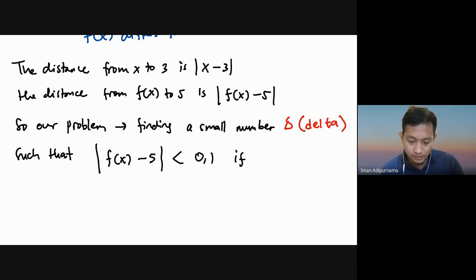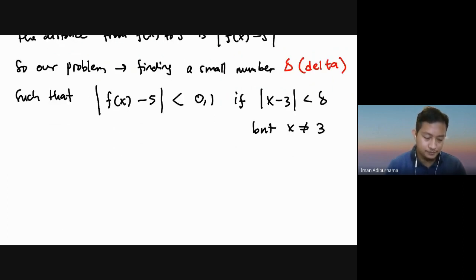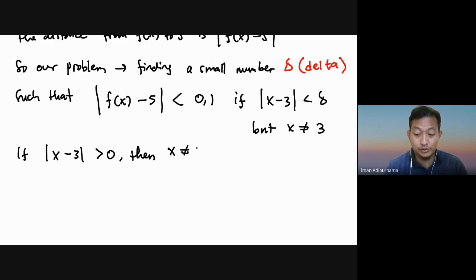If we have this delta, but x is not equal to 3. So if this is positive, then x is not equal to 3.